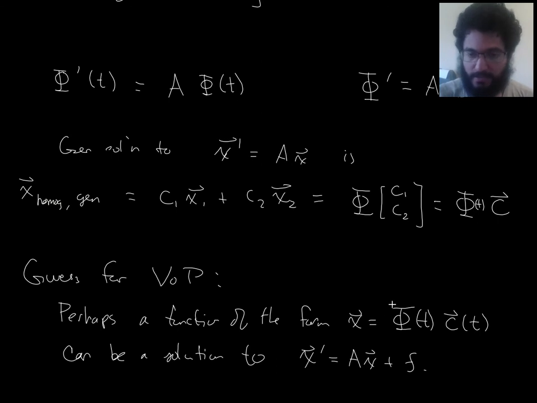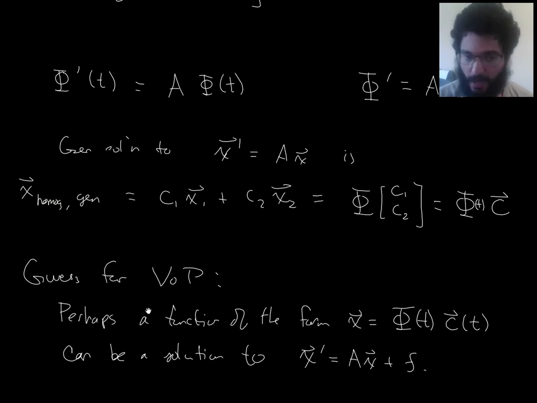And keep in mind the types of the different things here. This is a matrix valued function of time. So if you're looking at the 2 by 2 situation like we seem to be here, then this is a 2 by 2 matrix. It has 4 functions of time in it, and then it's being applied to this vector of now functions of time rather than a vector of constants. And they're unknown.